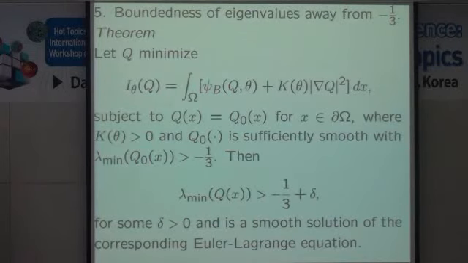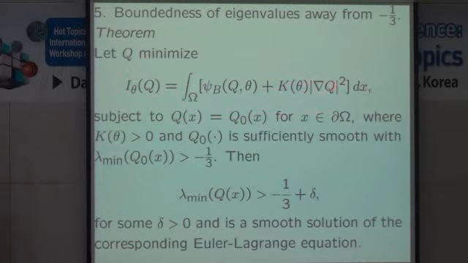And now, here's the interesting thing. Now we've got ourselves a bulk energy, which at least I believe in at some level. I certainly believe in the idea that it can blow up as the minimum eigenvalue goes to minus a third. I don't believe in this particular formula too much, but I think it's not unreasonable to assume that it blows up as the minimum eigenvalue goes to minus a third, and so now you can imagine adding on some gradient terms.